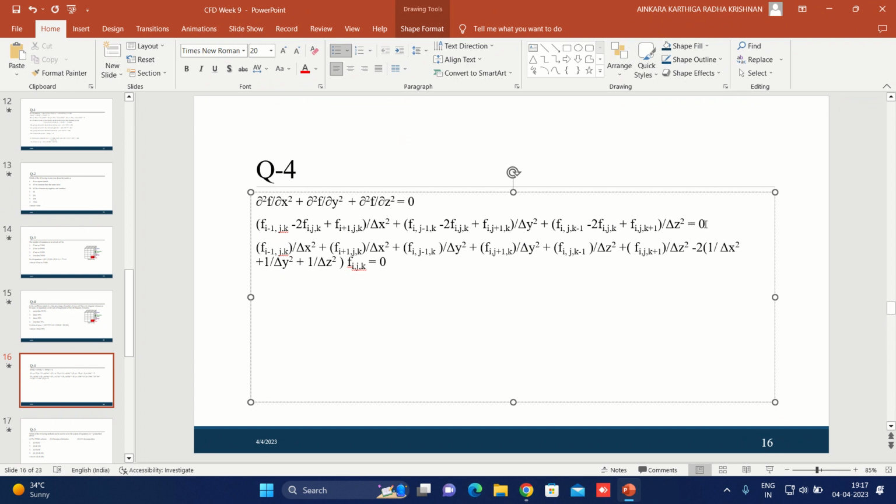So this is the basic form of the discretized equation.